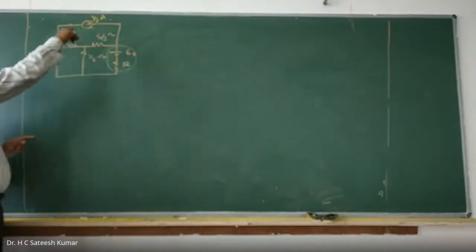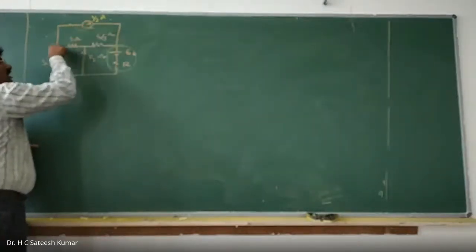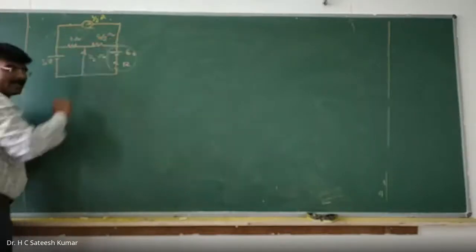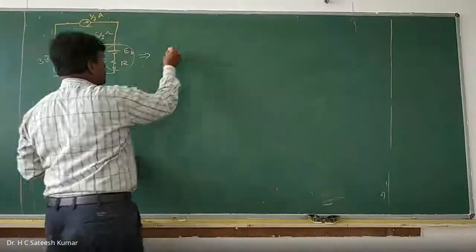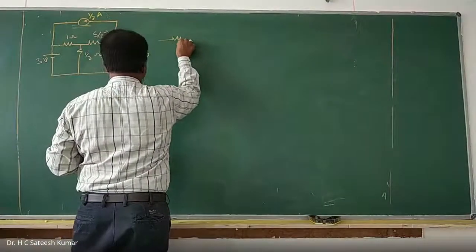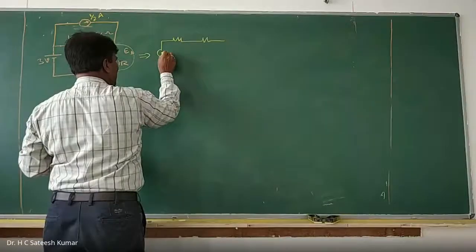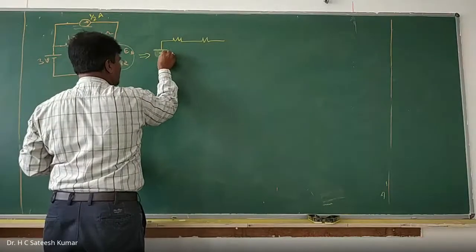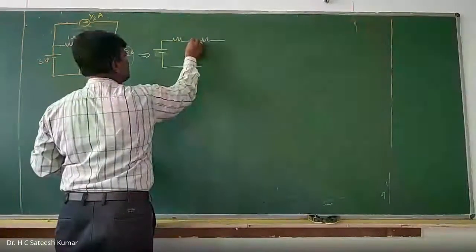Therefore, in the first step, shift the current source. Half amp leaving, half amp entering. And rewrite the diagram. Observe here carefully. A resistance, a voltage source, we keep it as it is. We can write any symbol. In this examination, he has given this kind of symbol. I have written the same symbol.